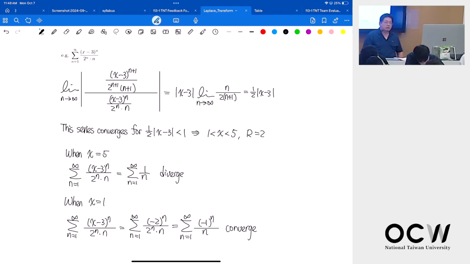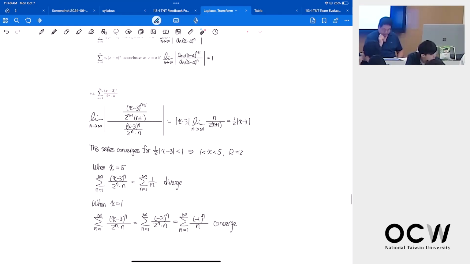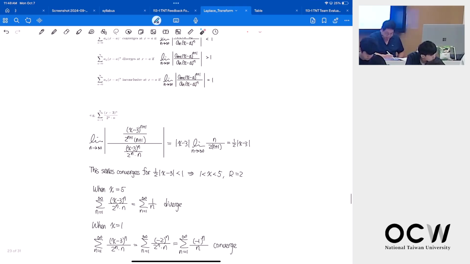Now, so far we have this background knowledge. Then we can talk about the power series. We will use the power series as our solution for the differential equation. For the differential equation, if we have this power series, then our goal is to find those coefficients.